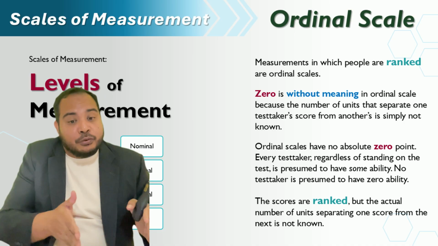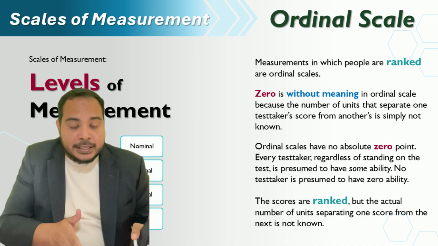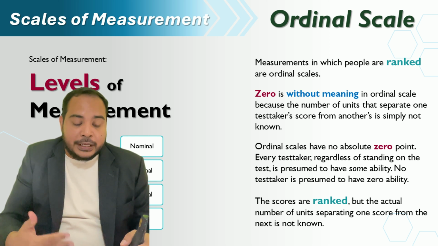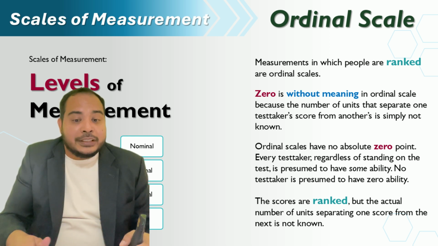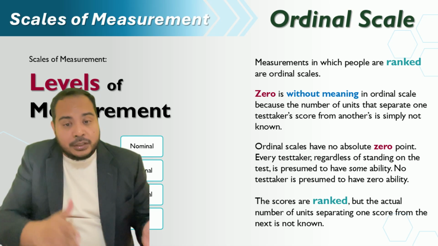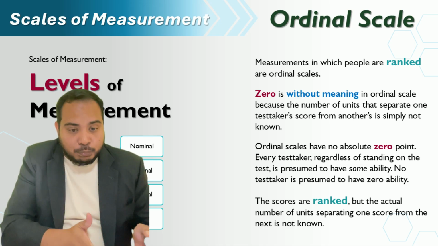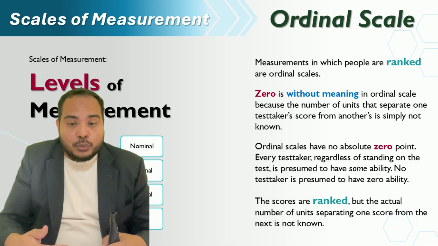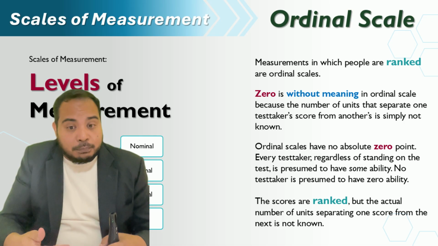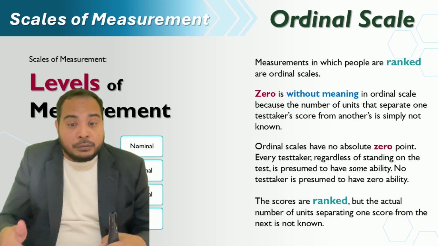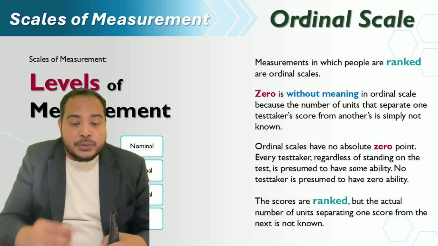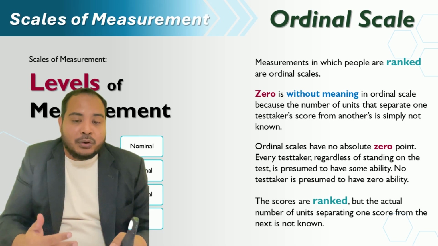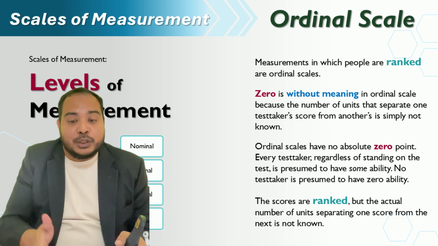Person A scored 90 out of 100, while the second scored 60 out of 100, so the difference between first and second place is 30 points. However, the difference between second place and third place is 60 and 59, only 1 point.